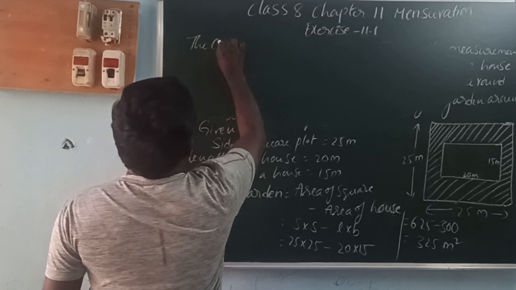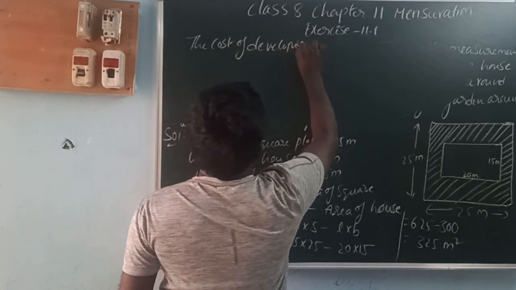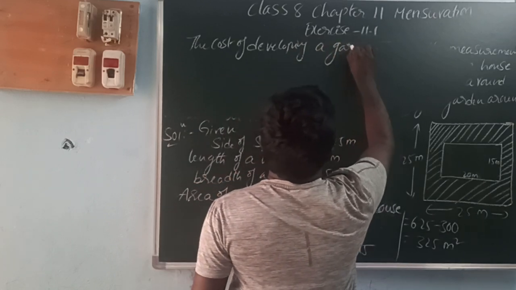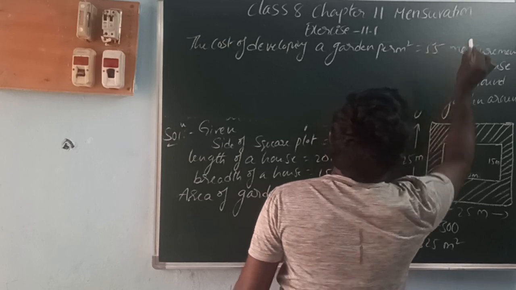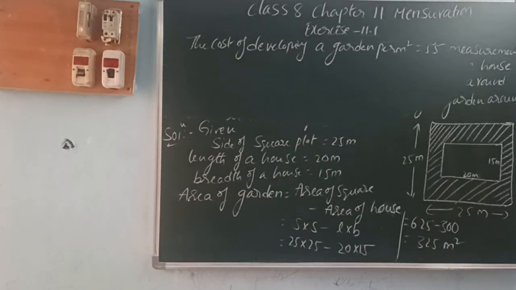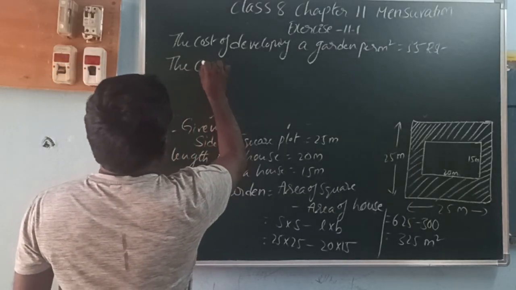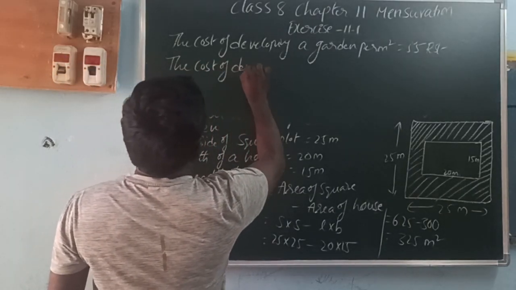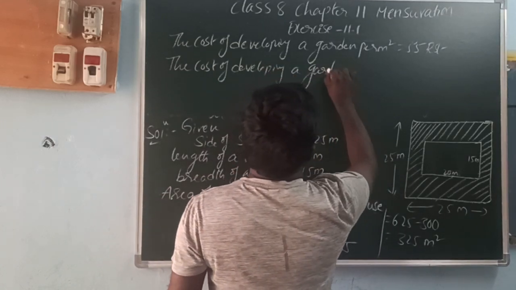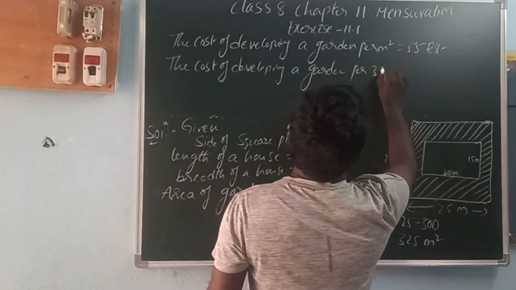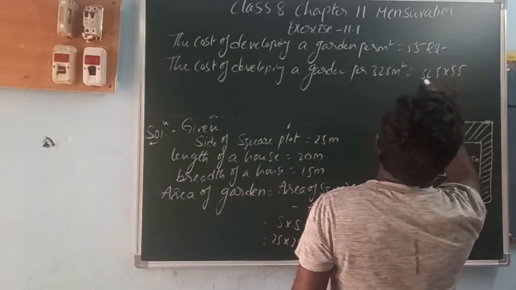So the cost of developing a garden per meter square is how much? 55. So the cost of developing a garden for 325 meter square is 325 into 55.